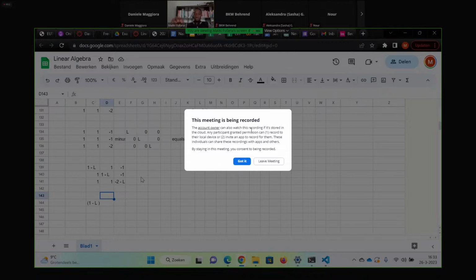So as I said, I'm going through it step by step. It could be faster, but I'm not going to do it faster. That's up to you during the exam if you want to do it faster or not. So I will write it down like this again. I will do minus 1, and here I will do minus 2 minus lambda.